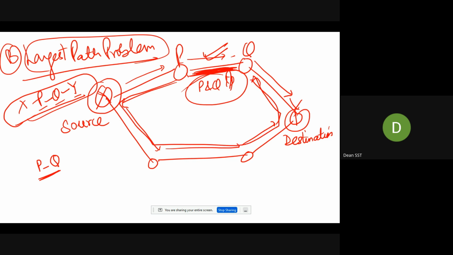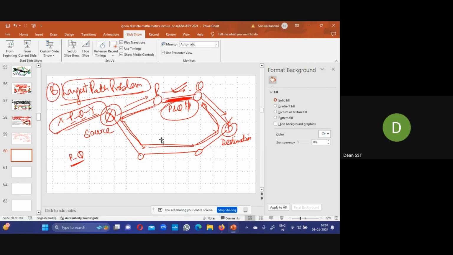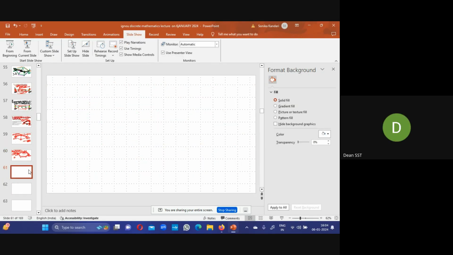So this is the difference between shortest path problem and longest path problem. In shortest path problem, if we have solved one major problem, we can find the solution of the smaller problem. But in case of longest path problem, suppose we have found the longest path between x and y.